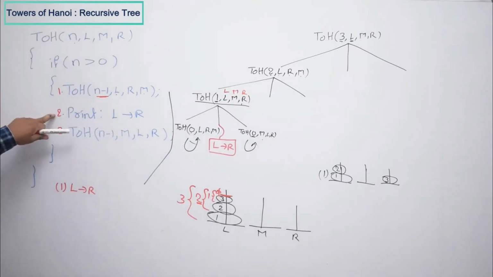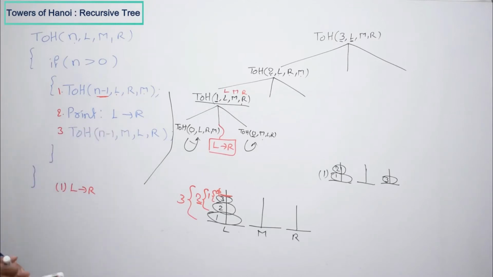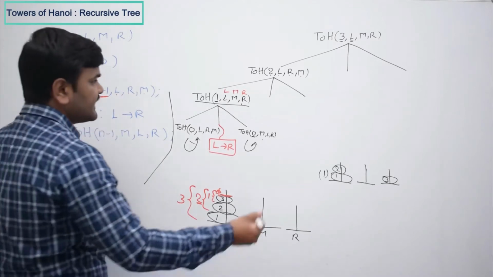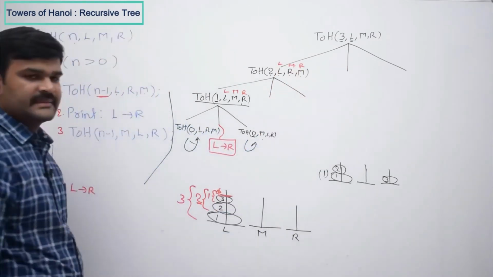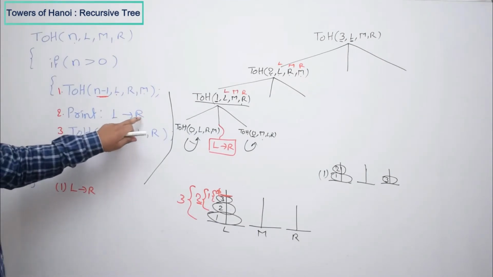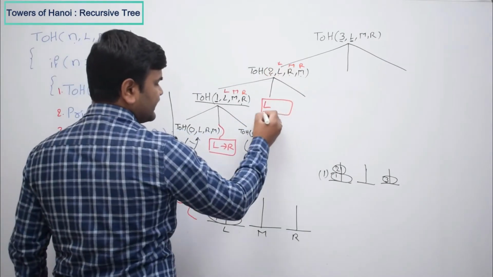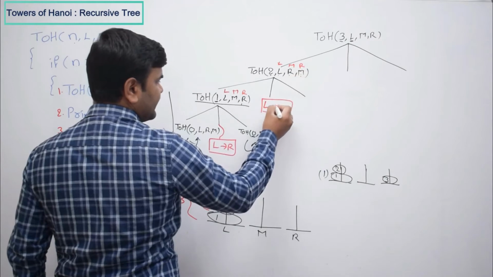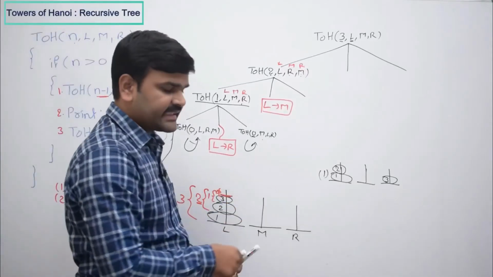Now we have to execute the second statement. So here we have to see the difference. This is L position, M position, R position. Now what it is saying, L to R. L to R means in L position who is there, L. In R position who is there, M. That means the second movement is L to M. We can observe that in the diagram also.